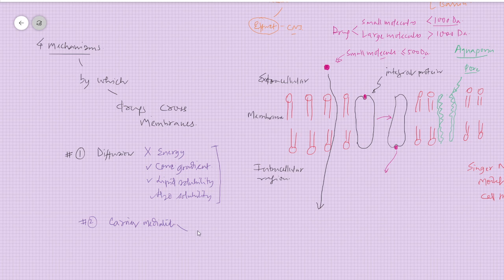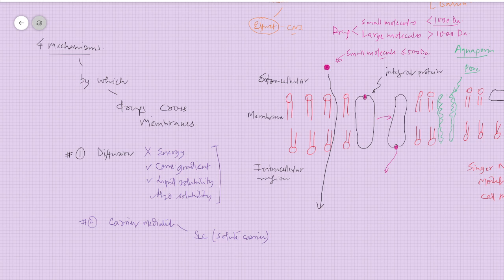One of the most important carriers is SLC, the solute carrier. Let's imagine this integral protein. What's an integral protein? One which crosses both the lipid layers. If it crosses, that's called an integral membrane protein. Which also means there are peripheral proteins. There are some proteins which are found only in one layer.